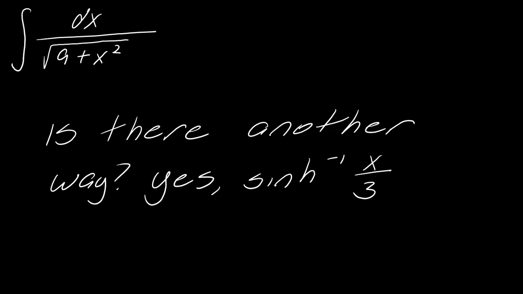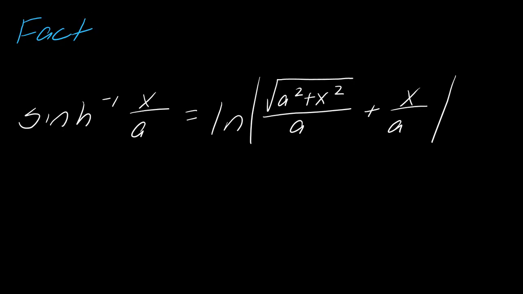And now I'm going to tell you this great fact to use at a party. The inverse sinh of x over a is equal to the natural log of the square root of a squared plus x squared over a plus x over a. These two things are actually equivalent to one another. The good thing to know is that in the event you forgot the integral of this, or you just don't know it, these are equivalent forms.